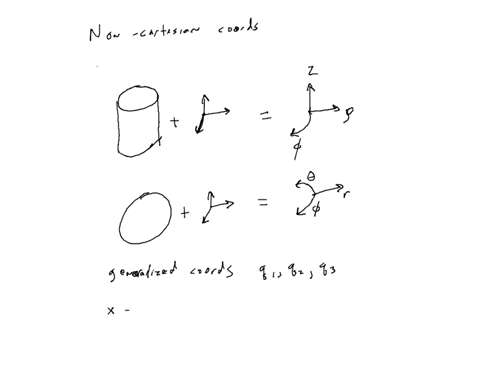And what happens is you could say that x is equal to a function of Q1, Q2, and Q3. In other words, you're going to form the basis for the x coordinate off of the basis for these other coordinates. And the same thing for y and z.